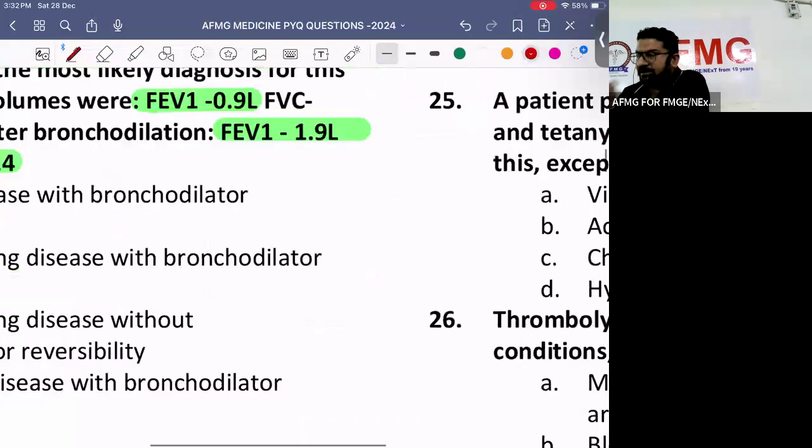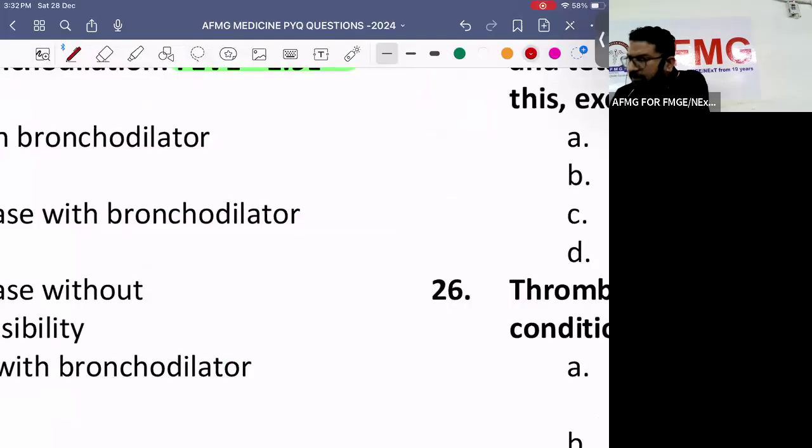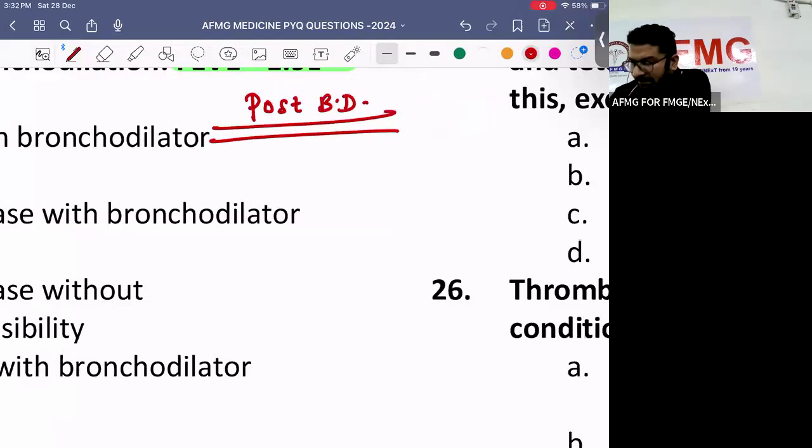तो मैंने आपको क्या बताया था, like to rule out obstructive lung disease, what we do: spirometry and pre and post bronchodilator. याद आ रहा है कुछ? तो आप पहले normally first you will do spirometry, then you will nebulize the patient with salbutamol or albuterol.